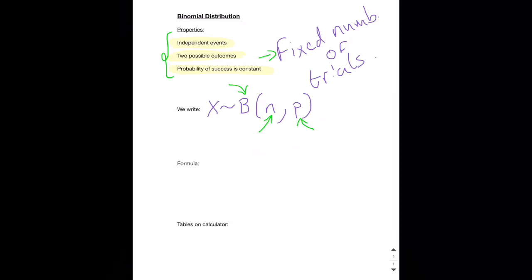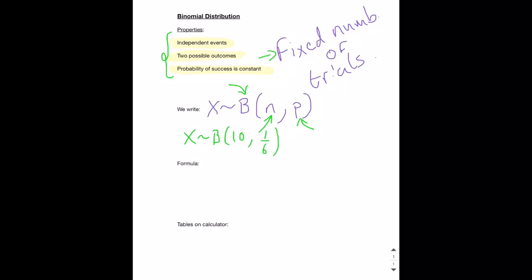We then have a couple of options as far as how we can calculate probabilities. So let's just say I roll an individual die, I roll one 10 times, and I'm looking at how many times I can get a 6 maybe.